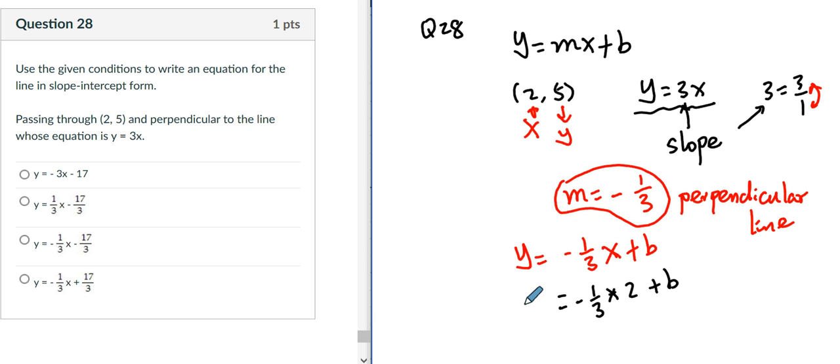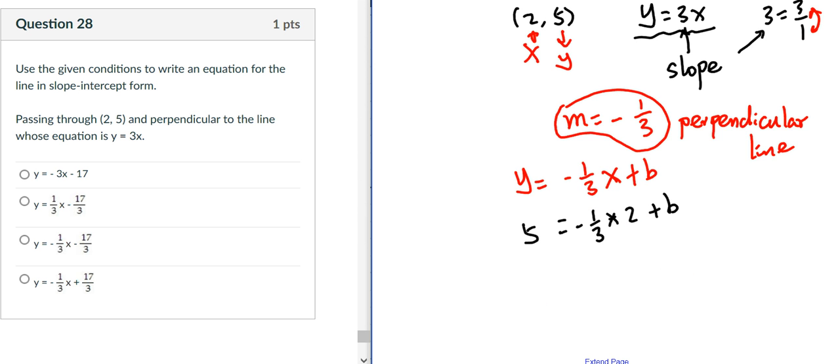Then we solve for b, and we're almost done. Negative 1/3 times 2 is negative 2/3, plus b equals 5.